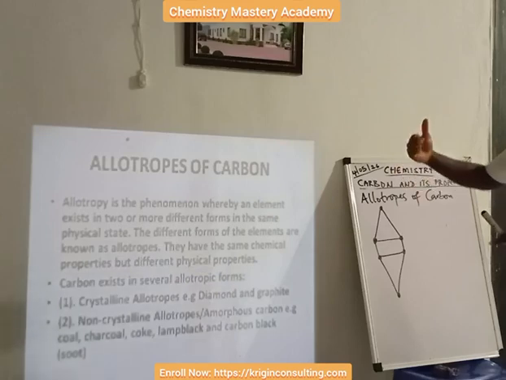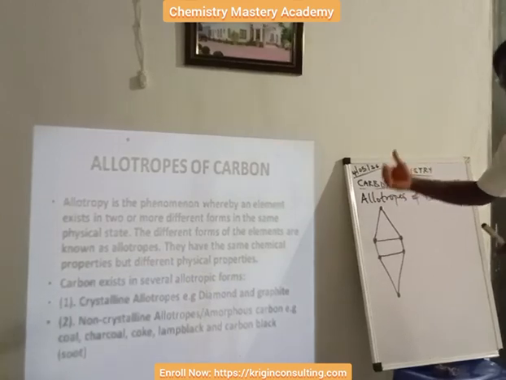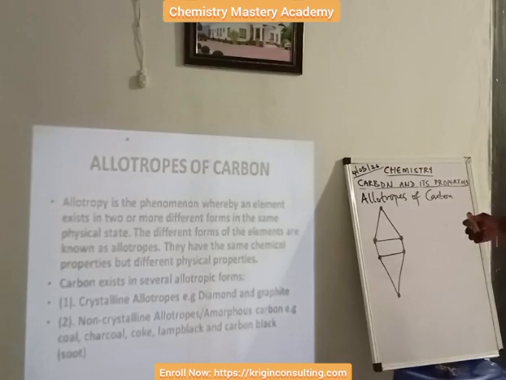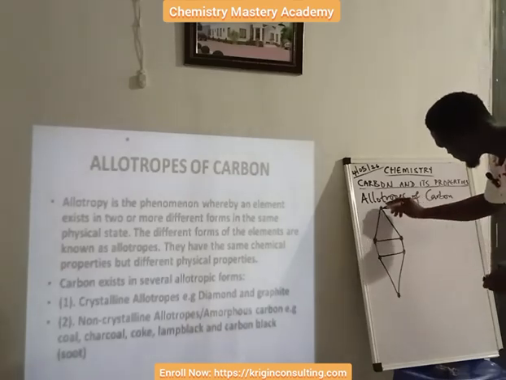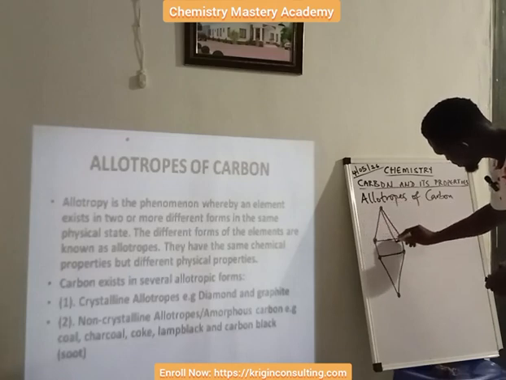That's why we say it's a crystalline allotrope of what? Carbon. The same thing is applicable to the graphite. So let me see whether I can draw this.